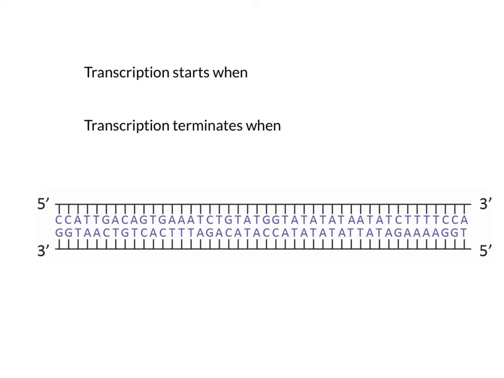So given that transcription is driven by RNA polymerase, then initiation of transcription must be determined by where RNA polymerase first binds. So transcription starts when RNA polymerase binds. And the position where this happens is called the promoter sequence.